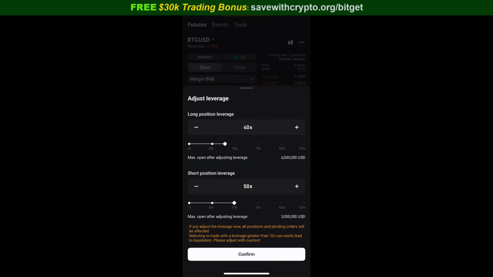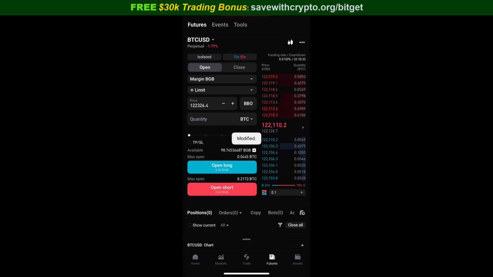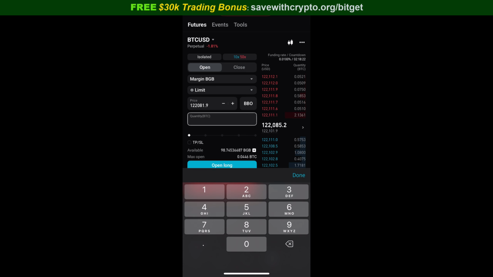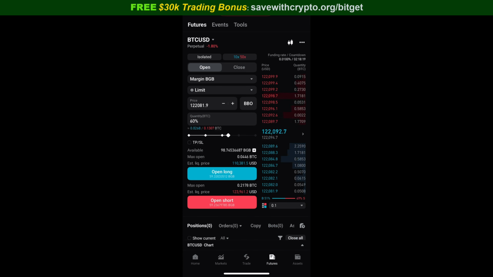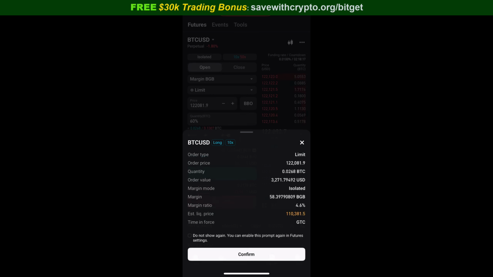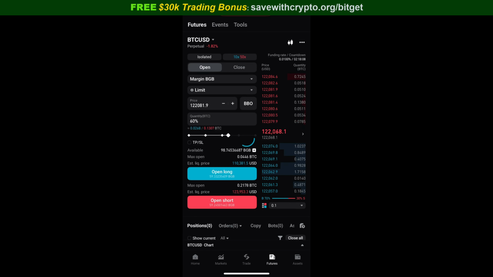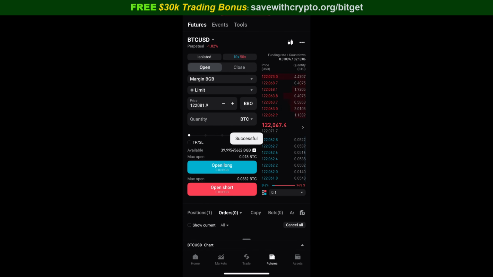So make sure you get your leverage not stupid like what I've got, and then you can enter a position here. You just pick your price, pick the amount, open a long, and you can see here that it's using the margin of 58.4 BGB. So you confirm that, boom, you've got a trade.